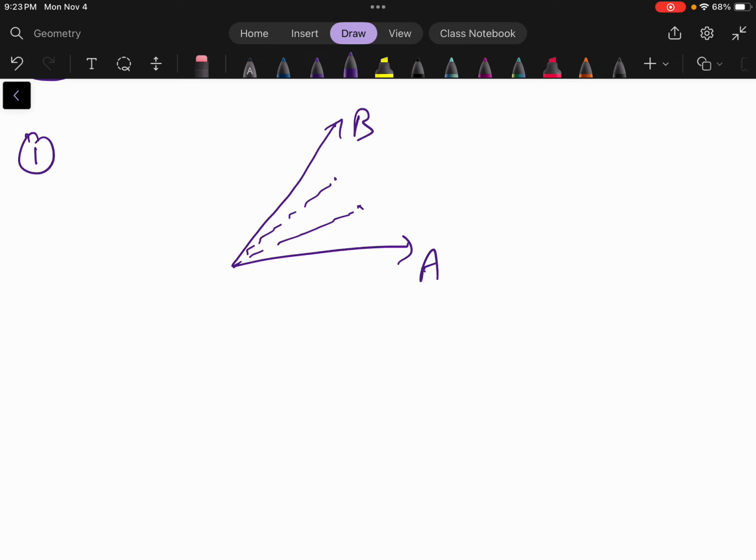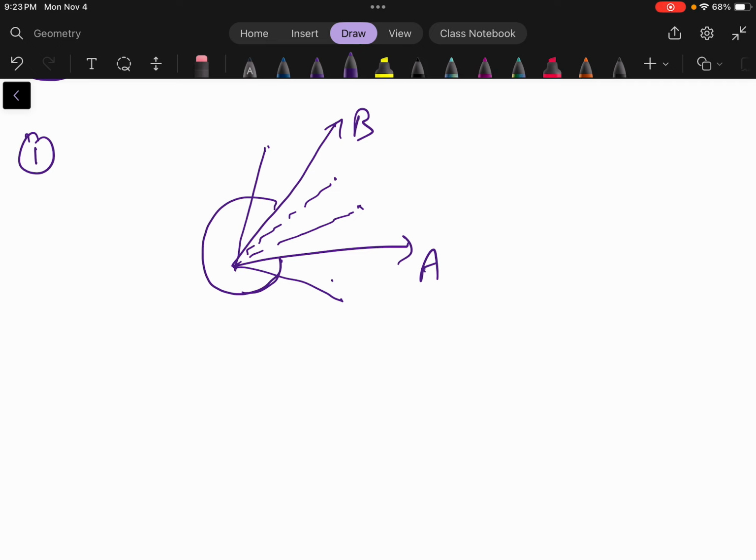But if we have two points outside, whenever we draw, they will always be outside this angle A and B, so it will be denoted as an exterior angle. Anything outside this angle will be considered an exterior angle.